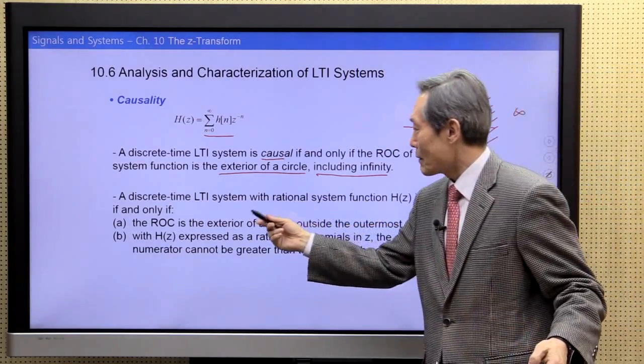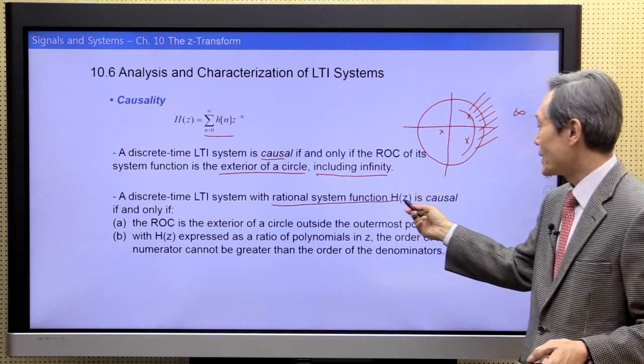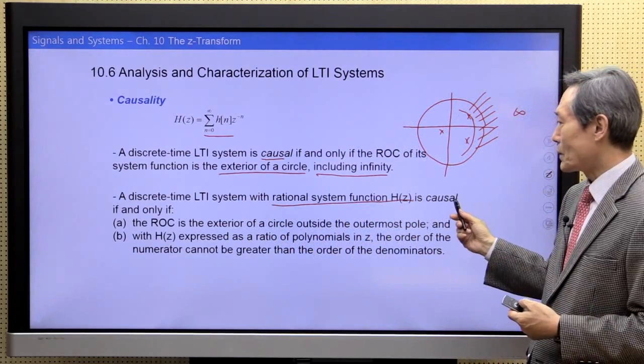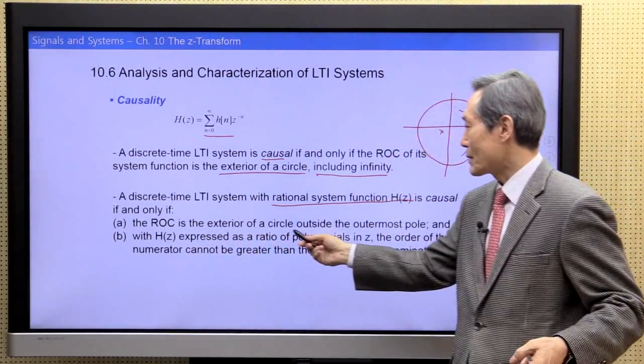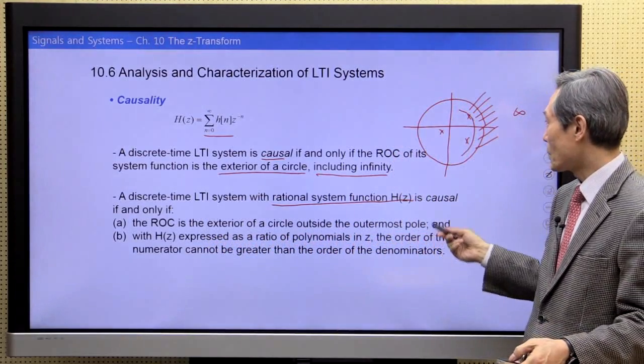A discrete LTI system with rational representation is causal if the ROC is the exterior of a circle outside the outermost pole.